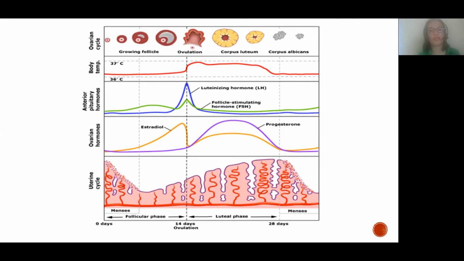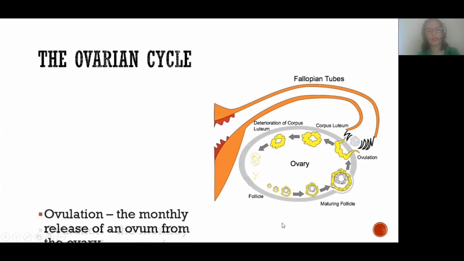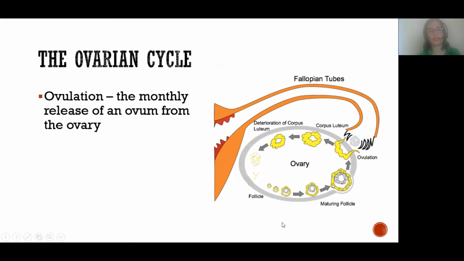Okay, so for the ovarian cycle, take note that the ovary is the one responsible for the egg cell. So when we say ovarian cycle, this is the changes in the ovary as it prepares for the mature egg. And the monthly release of an ovum from the ovary, we call it as ovulation.